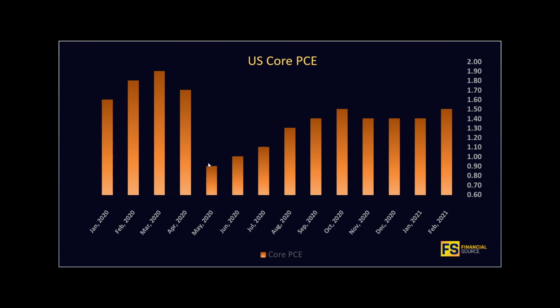Having this as a super low base for the year-over-year numbers, once we get to May, June and July 2021, there's a very good chance that we'll see upside surprises in the year-over-year numbers, purely based on the base effects alone, because you're coming from such a low base.